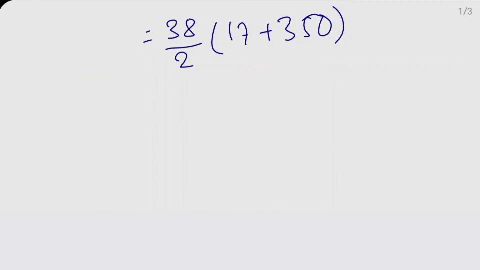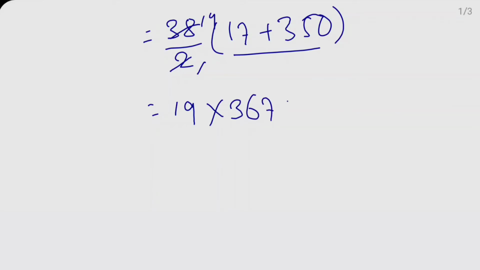So 2 ones are 2, 19s are 38. So 19 into (17 plus 350), which becomes 367. Making this multiplication, we got 6973. Their sum is 6973. So write down the conclusion here.